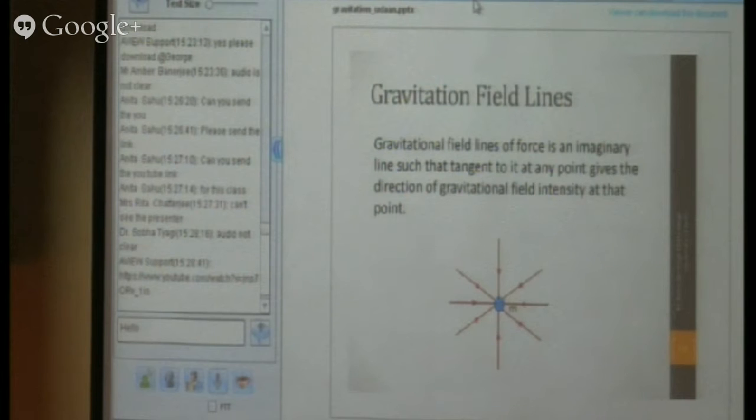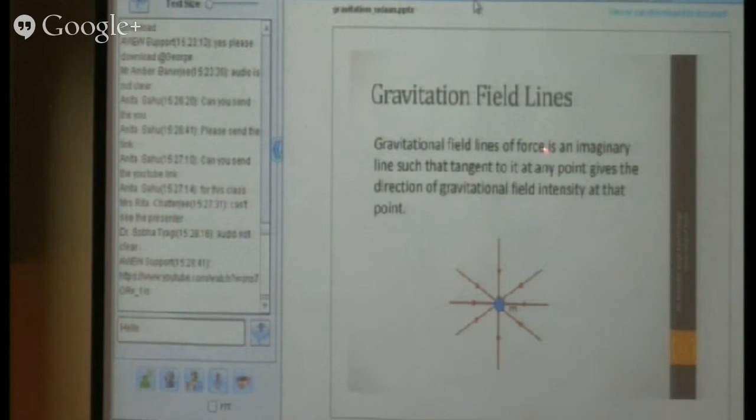If I put in my mind that the direction of the force is represented by a line like this, I call these lines the lines of force or gravitational field lines. You can't see these lines. These are only imaginary things. They are not reality.